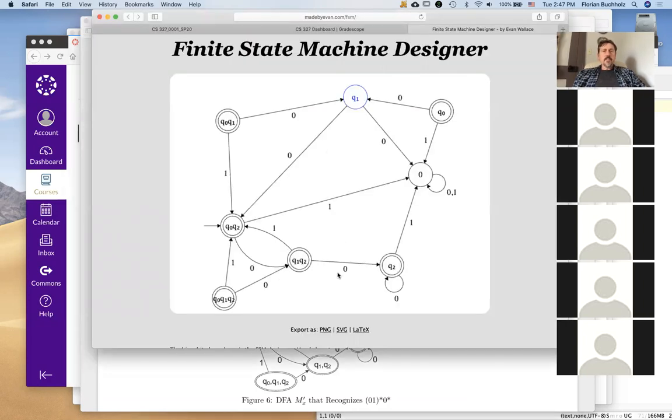However, all right, question in the chat first. So if Q1, Q2 means you're in either of those states, then why is it valid to get a 1 from there? Would cause an error if you were actually in Q2.